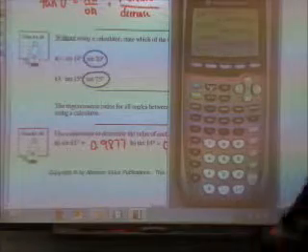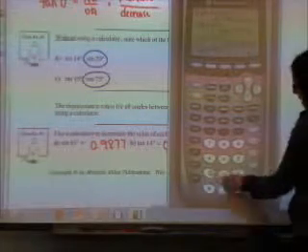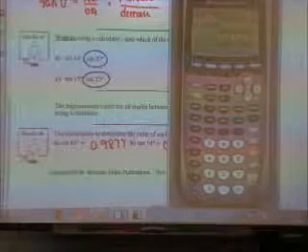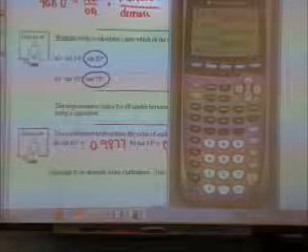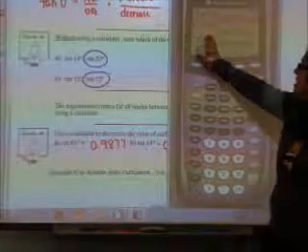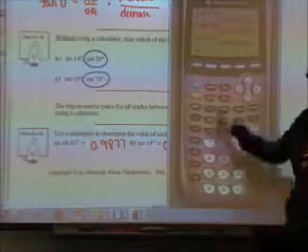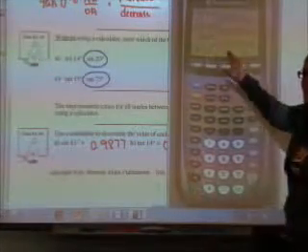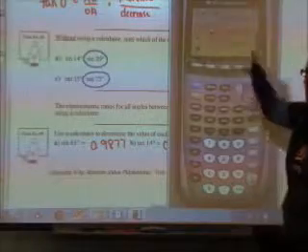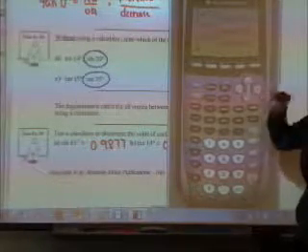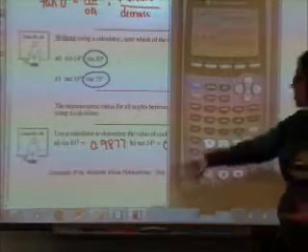If I type in sine 81 now, I get negative 0.629. Even if it wasn't a negative, this answer is off. I should hopefully be able to recognize that even if I ignore the negative and look at the 0.629, that's not possible.